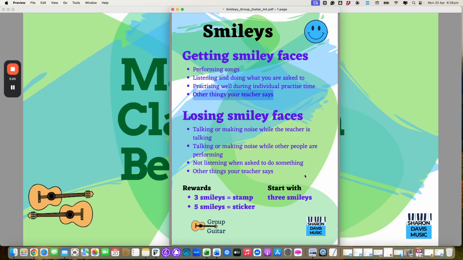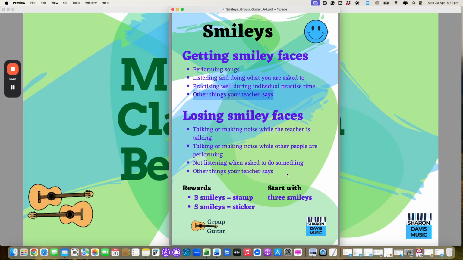So one thing that's really important with using something like the smiley faces is that students need to fully understand how it's going to work, and it needs to be implemented really, really consistently. When we very first implemented this with a class of young children, I got a phone call from a mum after class saying that her young son was in tears because he thought that somebody else had been given a smiley face when they were being silly, and he thought he deserved a smiley face.